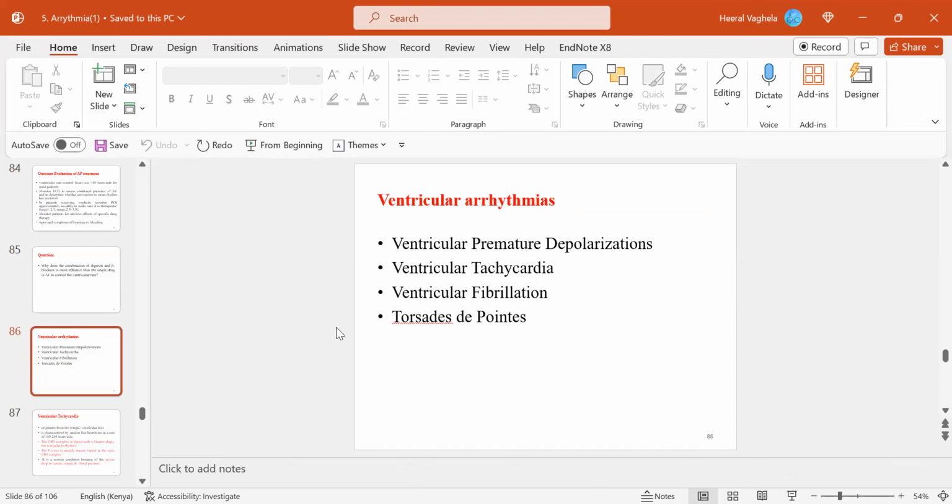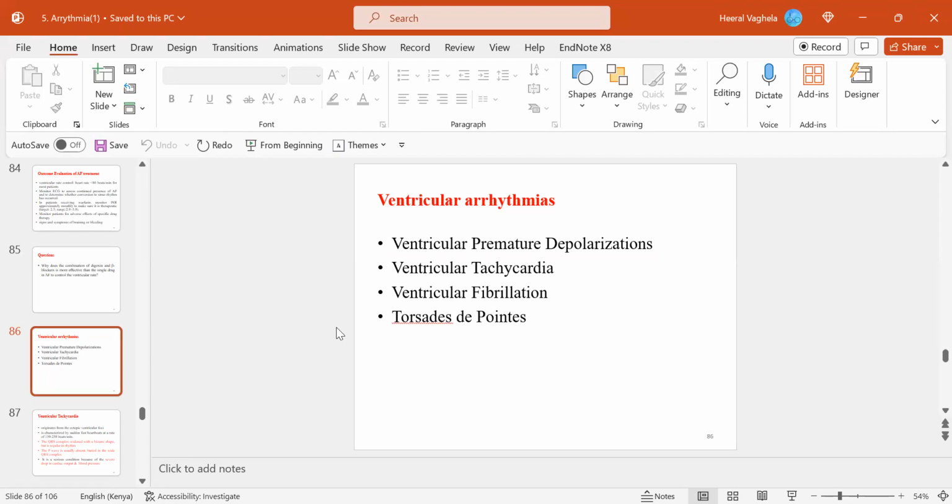Okay, so now we move on to ventricular arrhythmias. In the first one, we saw supraventricular arrhythmias occurring in the atria. The first one was sinus bradycardia, where the SA node is generating impulses of less than 60 beats per minute.